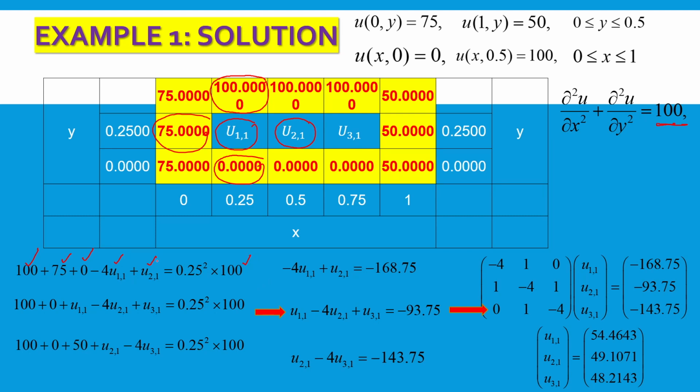And then you simplify the first equation. We have -4 u11 plus u21 equal to 0.25 squared times 100. Left side total is 100. So 75 you bring, collect to right hand side.